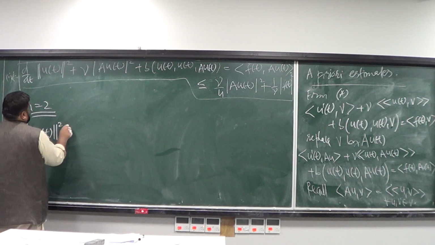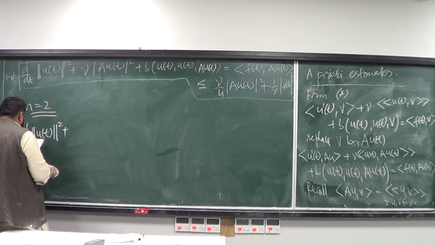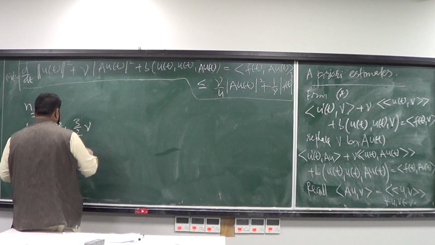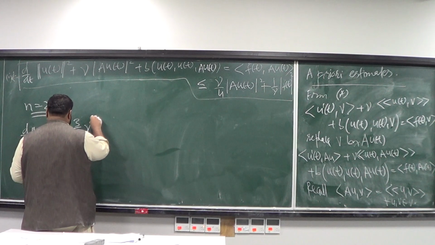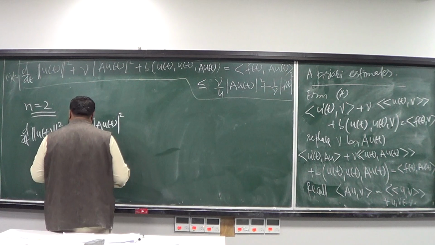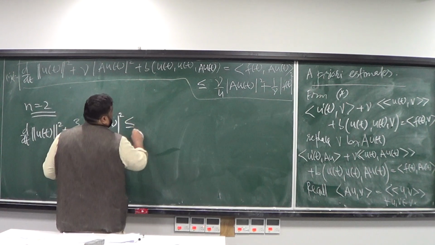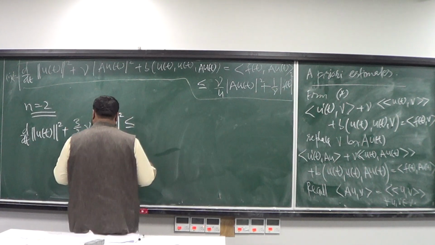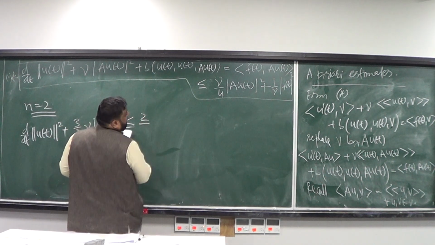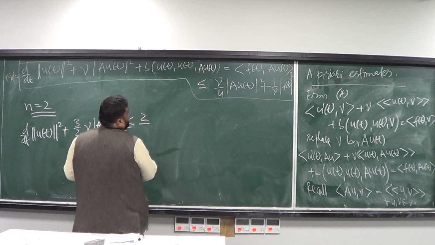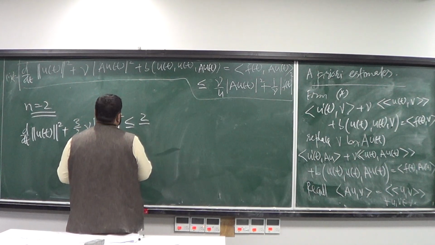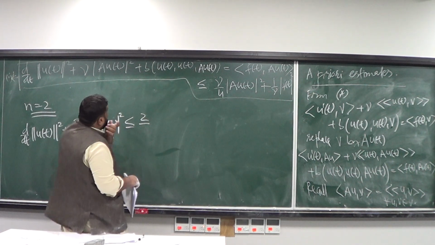So d by dt of the V norm of u squared plus 3 over 2 mu times the H norm of Au(t) squared is at most 2 over mu times something. By the way, how did you get this 3 over 2?